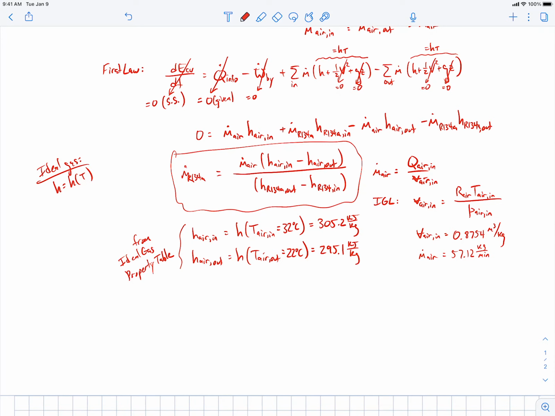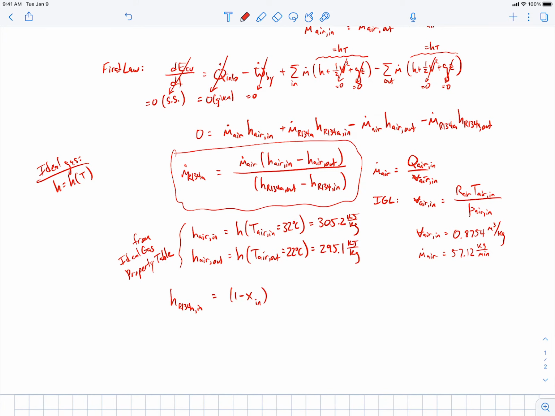Right? So the way that's going to work is the R134A specific enthalpy at the inlet is going to be 1 minus the quality at the inlet. I'm not going to put the R134A anymore, just to save myself a little time writing.